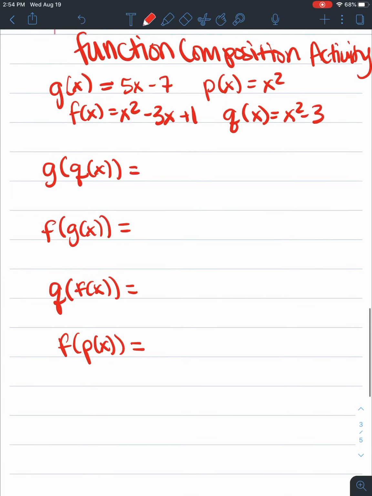So now this was the activity from yesterday. So now let's use these same functions right here.